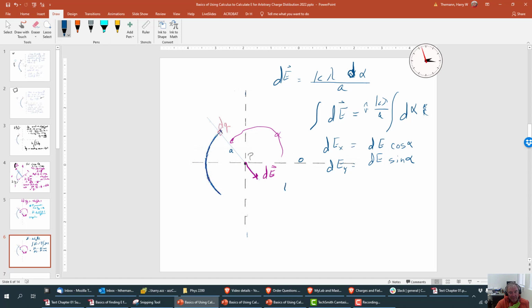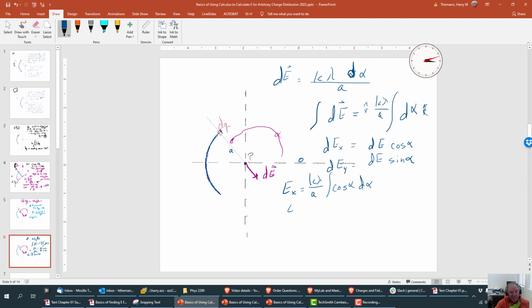So then that means that E of x is going to equal k lambda over a integral of cosine alpha d alpha.